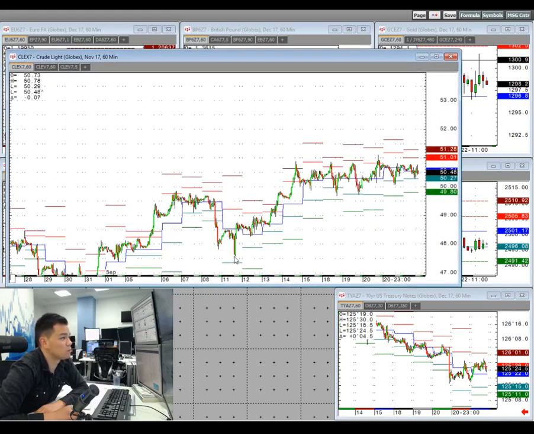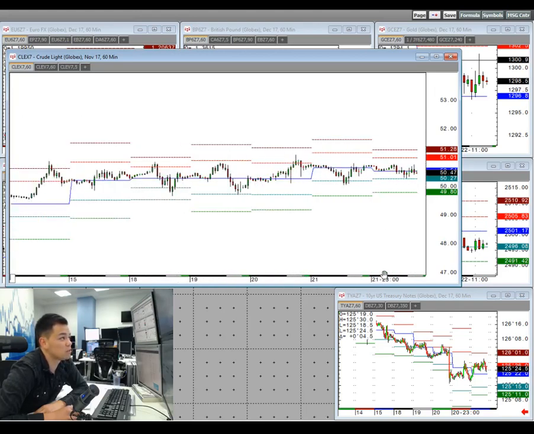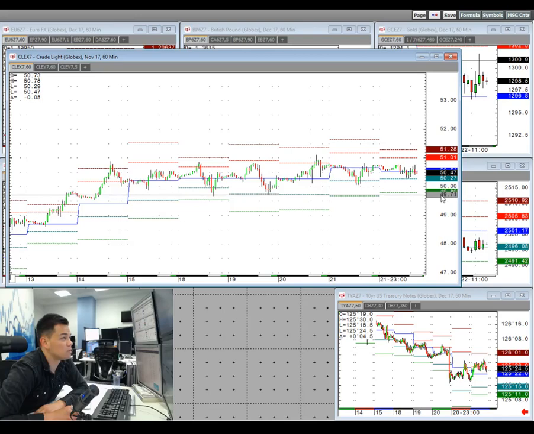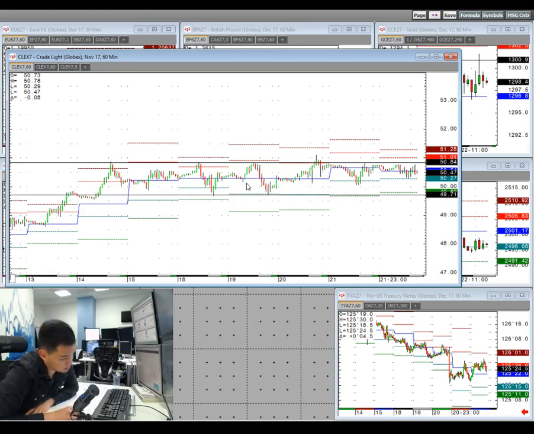Oil at the start of the week touched 47, so below the 48 handle. When we closed last Friday, it was around the 51 level, and then we've been trending in a range for the week between the 49.70 level and somewhere around 50.80, just below the 51 handle.